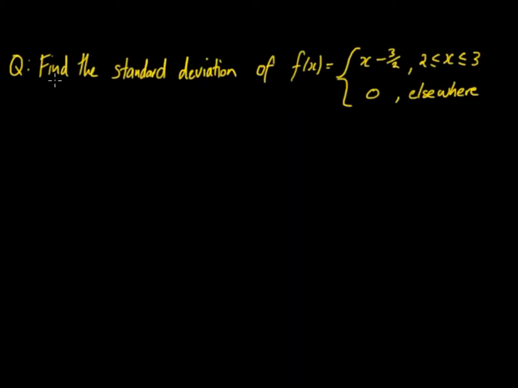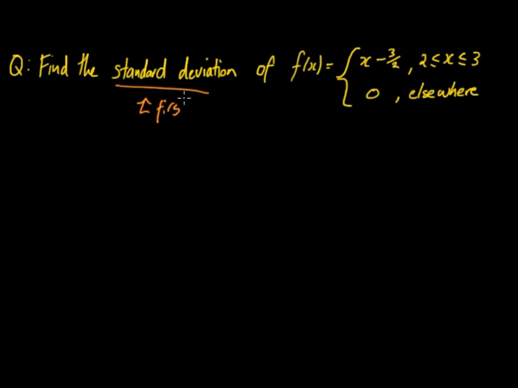Moving on to a question, it says find the standard deviation of f(x) equal to this distribution here. The first thing to note is they ask to find the standard deviation. However, to find the standard deviation, we must first find the variance.